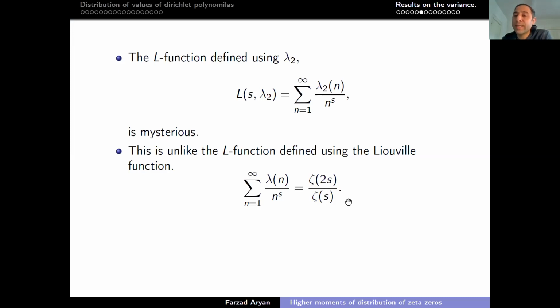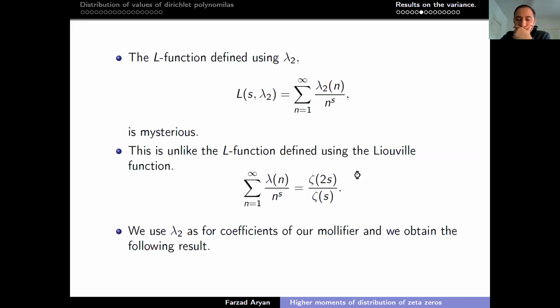So it makes sense that it has large values when s is a zero of the Riemann zeta function, because the denominator gets 0 and explodes. We don't have such a thing for lambda 2. We don't have such a neat formula for it that we can say, okay, because of this, it would amplify the values of the imaginary part.